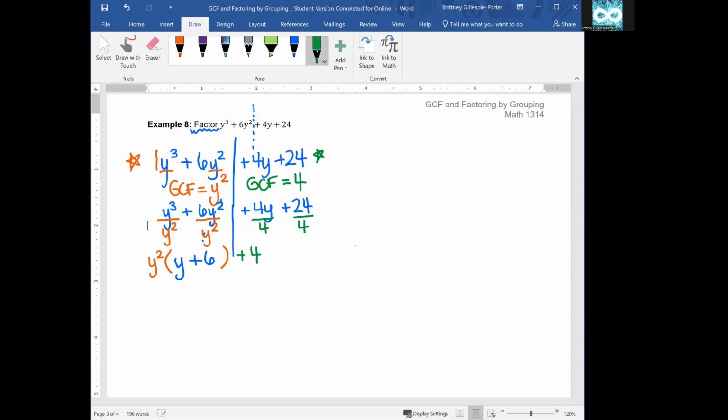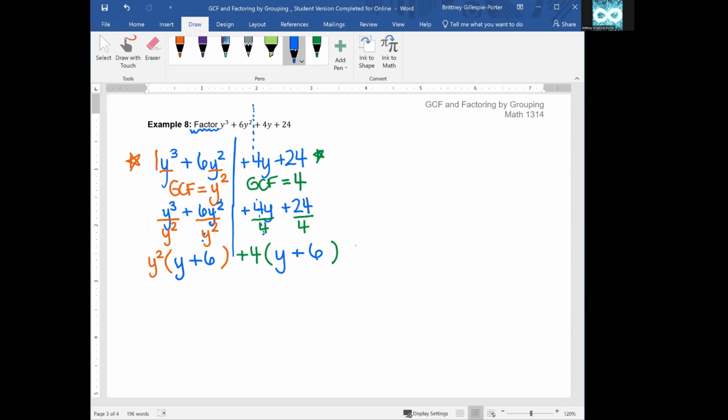So I'm going to put a plus, open up my parentheses. 4y over 4, my 4's are going to cancel. 4 divided by 4 is 1. So I have 1y, or y, bring down my plus. 24 divided by 4 is 6.